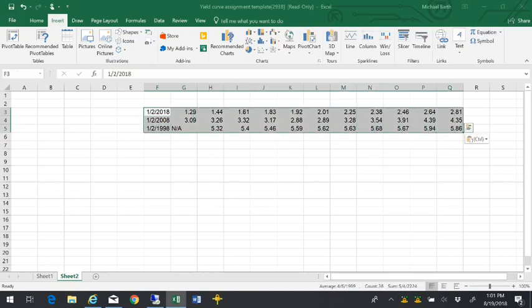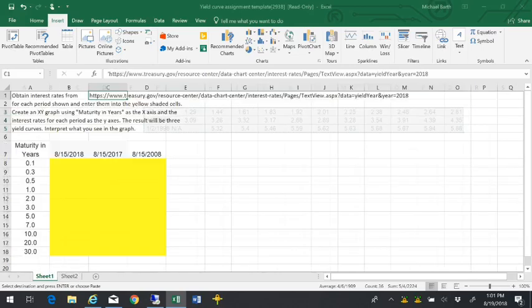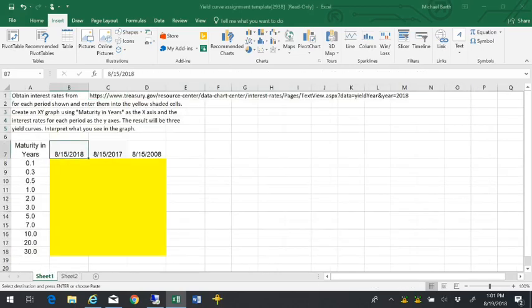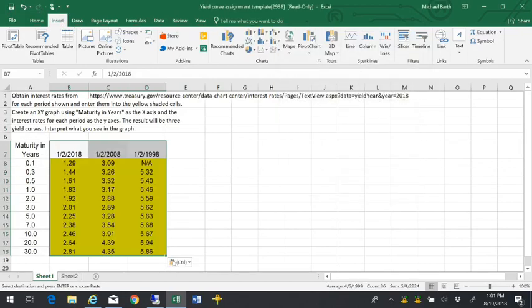Alright, well, I want these to be in column order. So what I would be doing is pasting them in here.